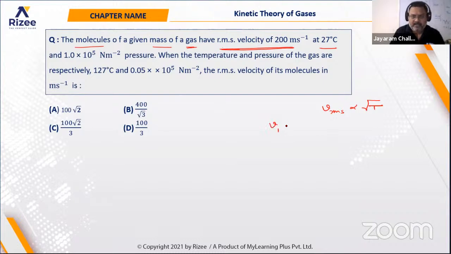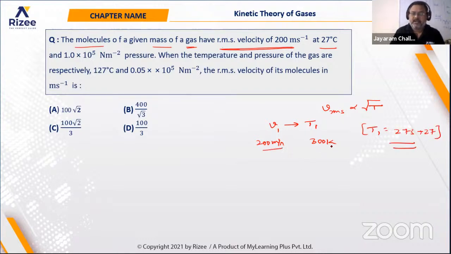He has given the RMS velocity V1 at temperature T1 as 200 meter per second at a temperature of 300 Kelvin. He has given it in degrees centigrade, 273 plus, excuse me, this is 27.